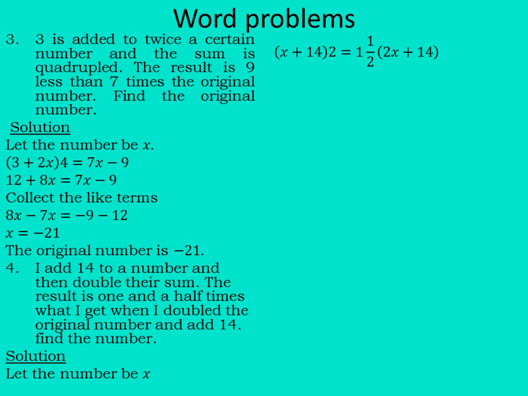We are going to multiply it with what is coming, times what I get when I double the original number. When we double the original number, that will be 2 times x, because we represent the original number by x, and 2 times x is 2x, and add 14, 2x plus 14.